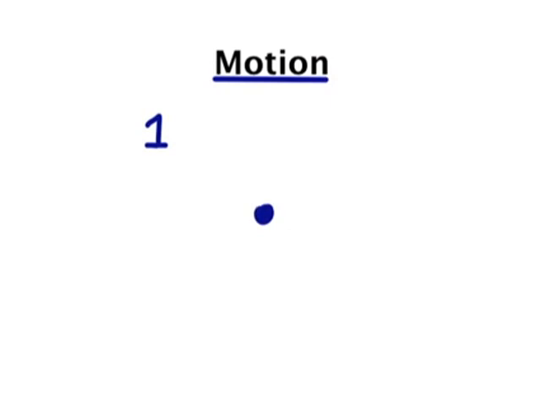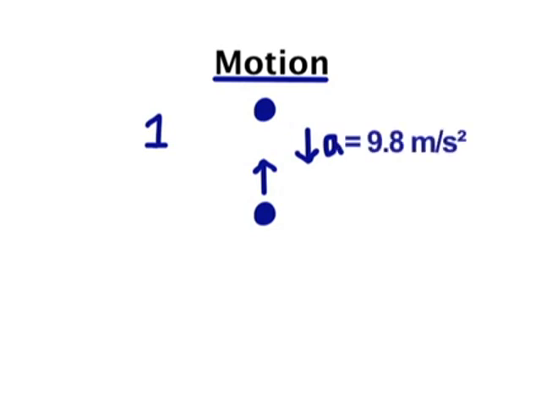The bush baby left the ground, and then ended up at the highest point, motionless. What's the direction of the acceleration during this phase of the motion? Down. As a matter of fact, we know the magnitude of the acceleration during that phase. What is it? 9.8 meters per second squared. That's just free fall. So in the first phase of the motion, it's just free fall. That's phase number 1.